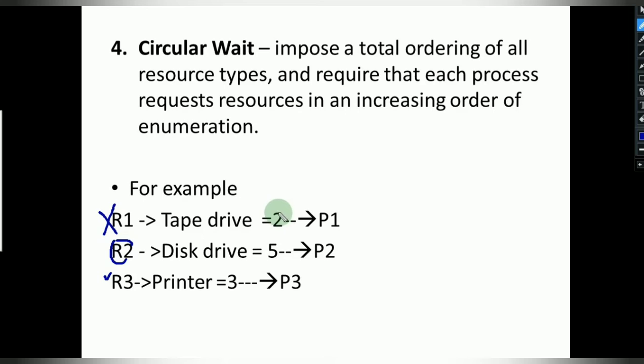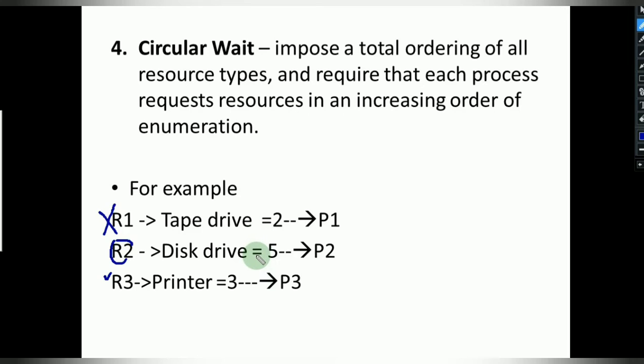And here I have given 2, 5, 3. These are the instances of the resource. Here I am saying 1, 2, 3 would be the order. It can request any number of instances of the resource, but it should be in increasing order. Here we are not concerned with the instances.